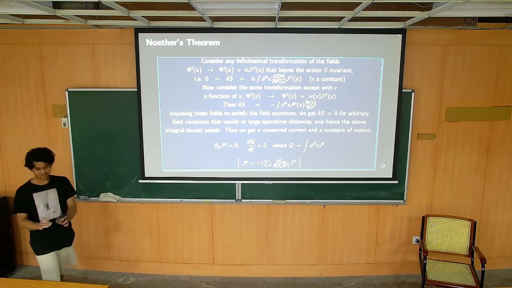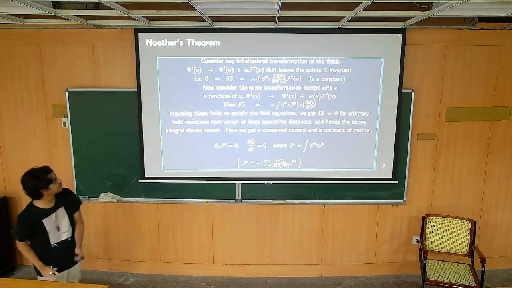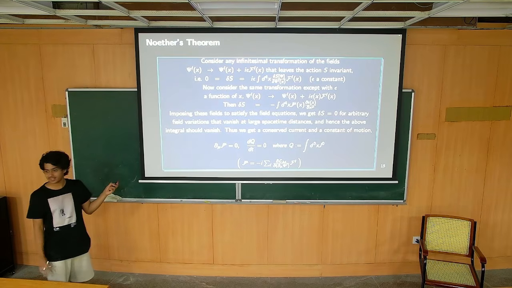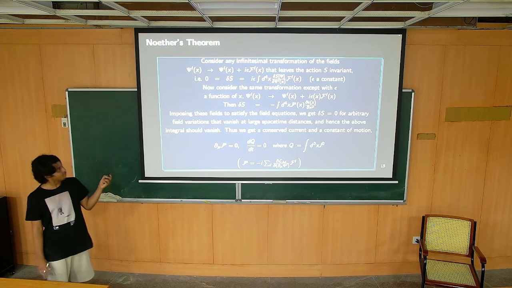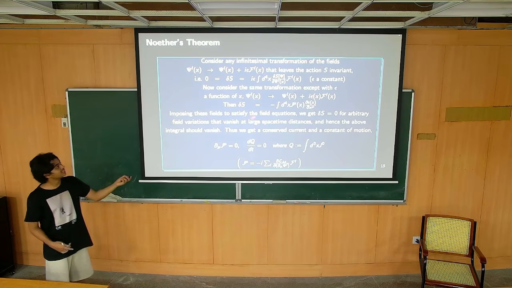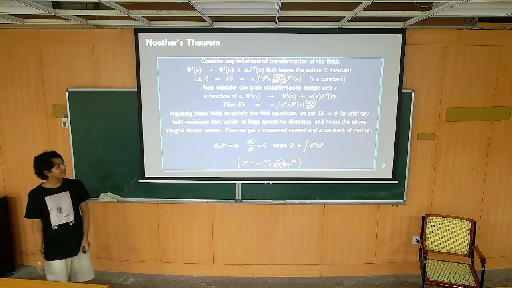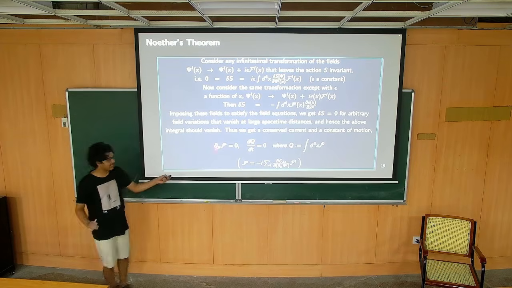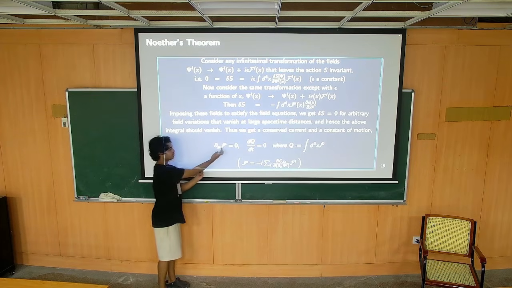Remember this: if we have a global symmetry, and we impose it to be a global symmetry, we get conserved currents. These are called conserved currents because the divergence of this is zero.